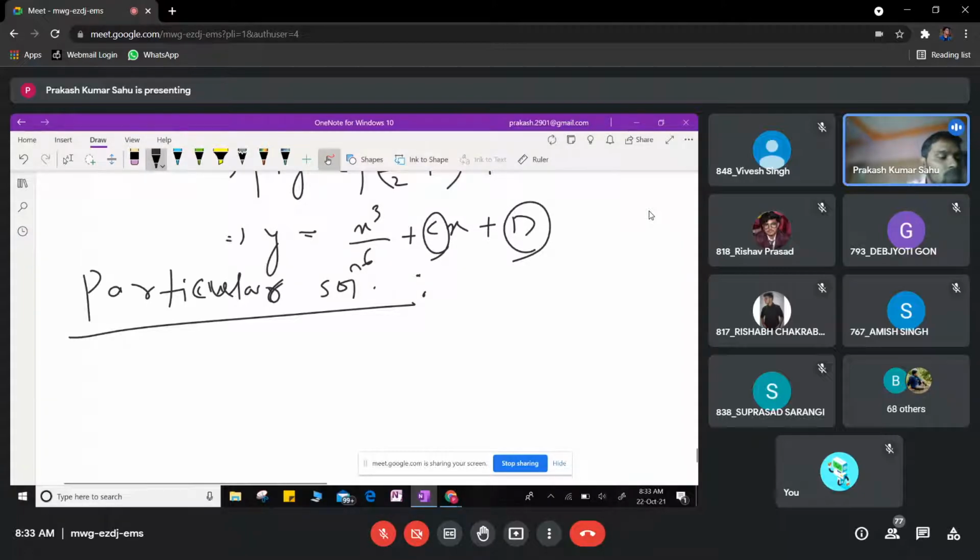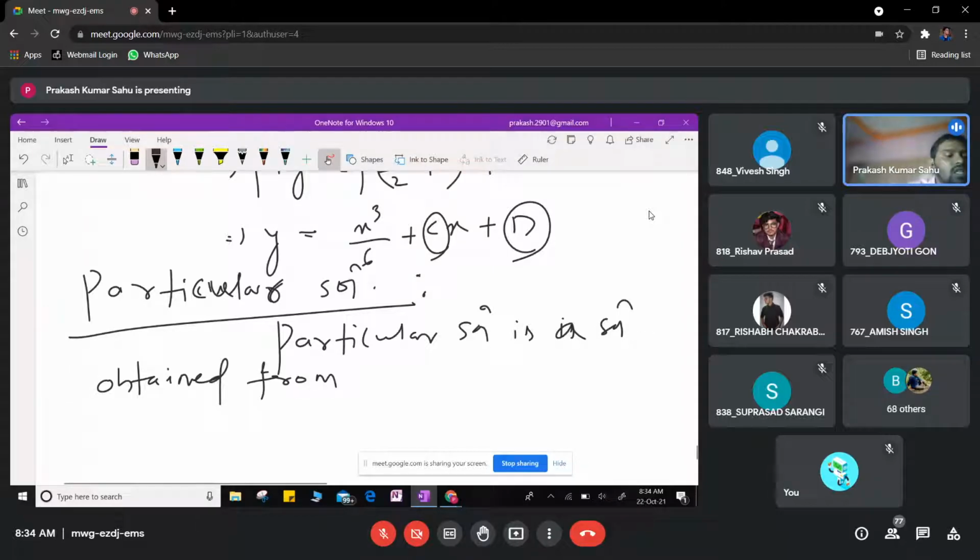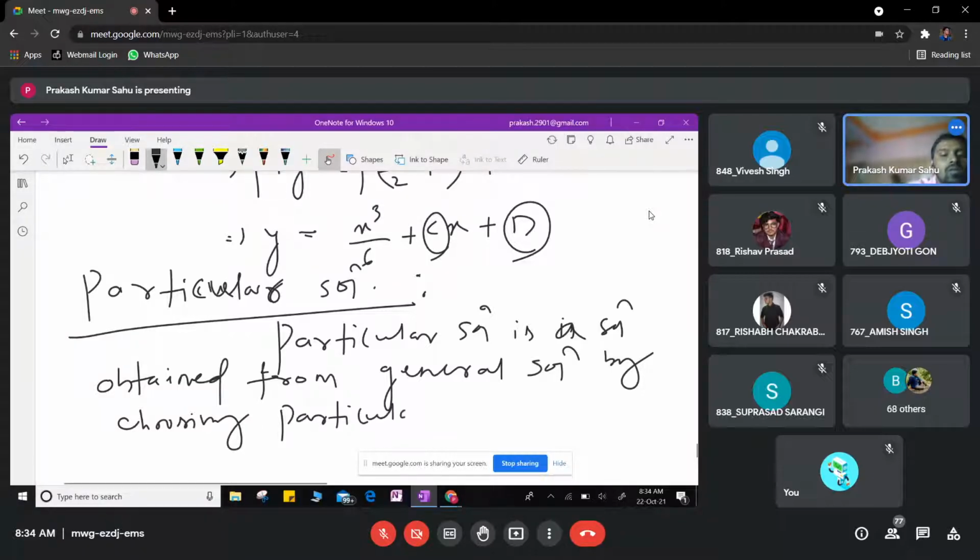The particular solution is a solution obtained from the general solution by choosing particular values of the arbitrary constants.